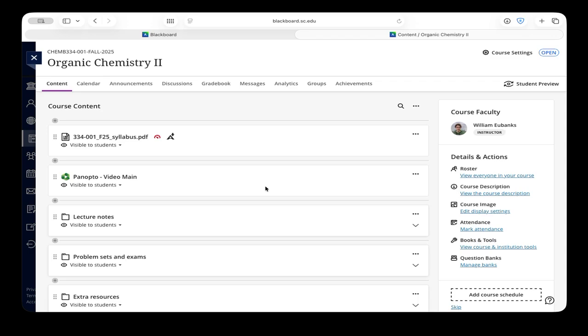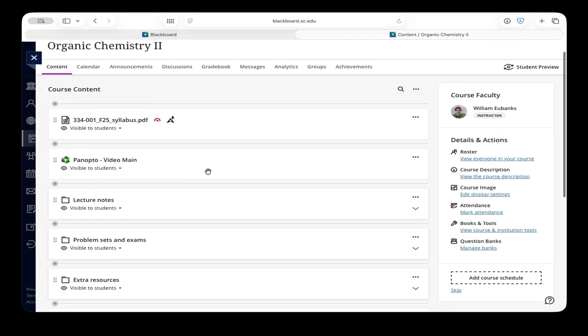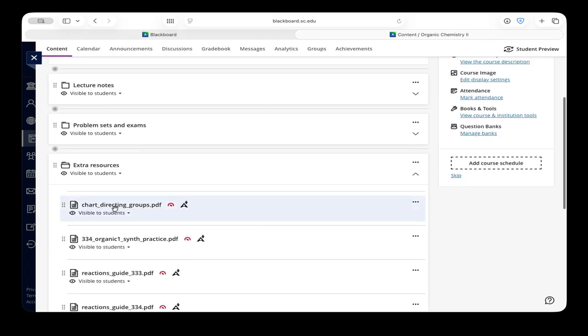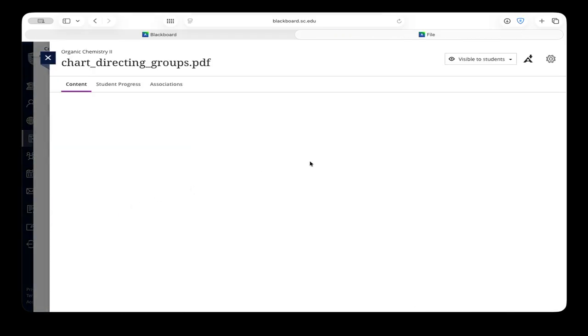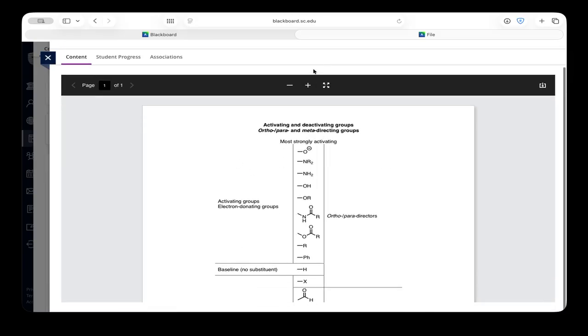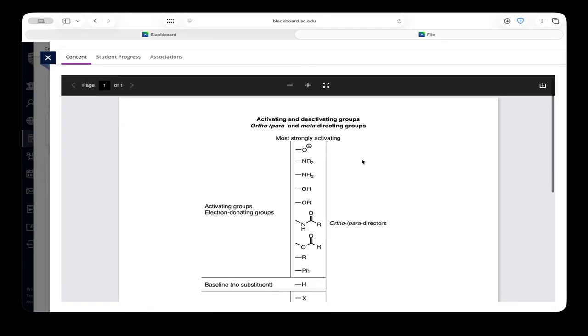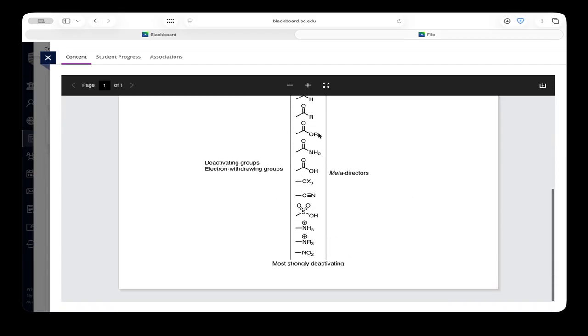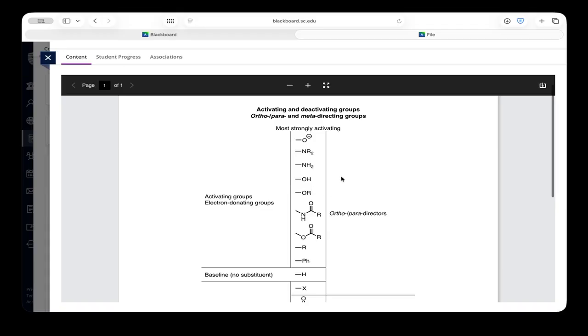All right, so if you go on to the Blackboard page, you will find under Extra Resources, there's this chart of directing groups. So if you look in here, you'll see that we've got a list of a whole bunch of different types of groups that you might have on the benzene ring. In this case, the benzene ring is off to the left-hand side of each of these groups.